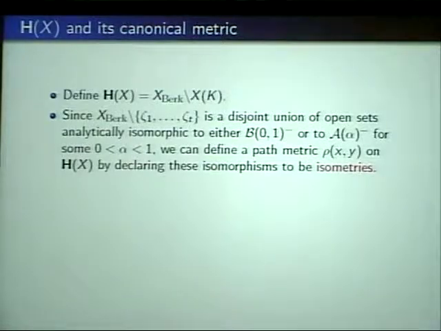So the idea is that since we've already metrized the Berkovich projective line, and away from these special points zeta_1 through zeta_t things look locally, analytically, like subsets of the Berkovich projective line, we can just define a metric by saying that these should be isometries.